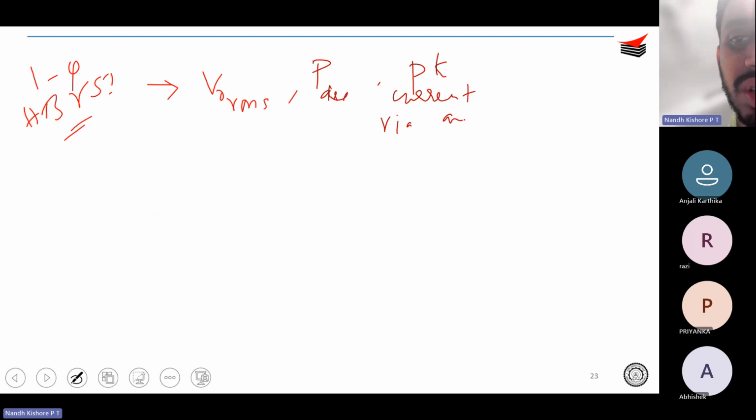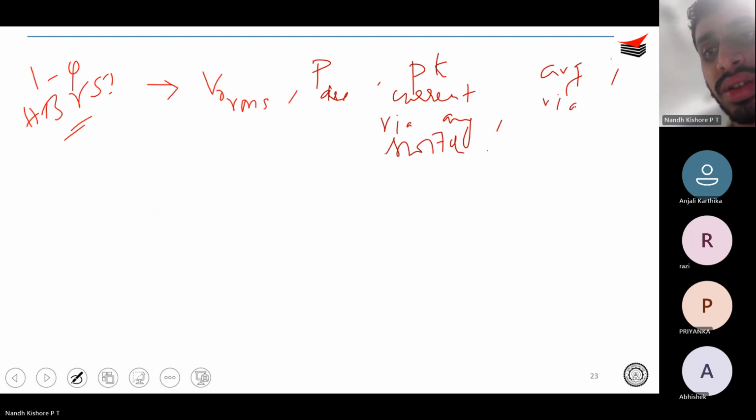What is the peak current via any switch? And what is the average current via any switch? You should be aware of how to obtain V naught RMS, because V naught average is obviously zero. Then the power delivered, the peak current through any switch, and the average current. So this was one category.